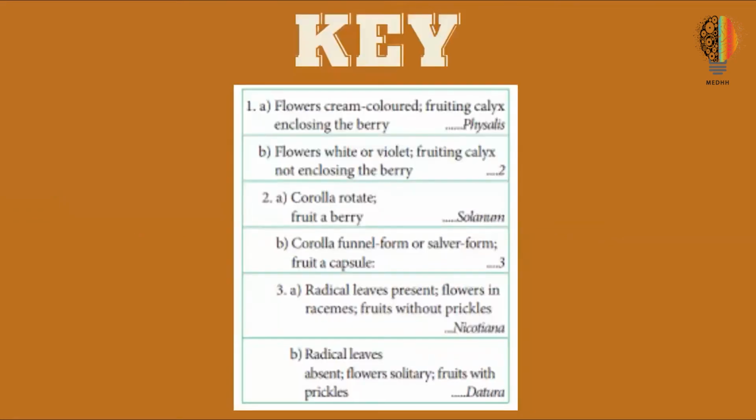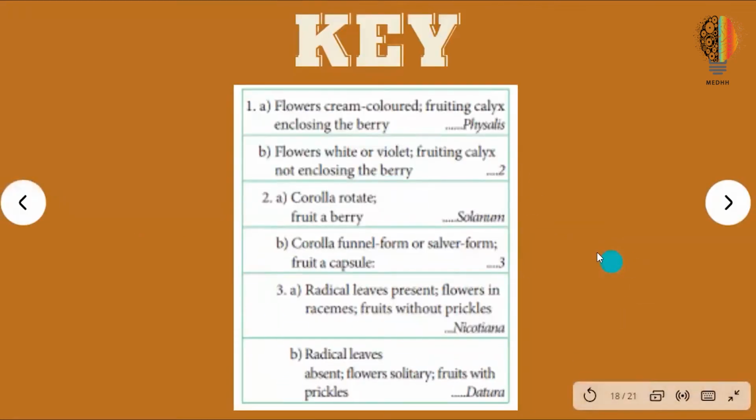A key. This is an example I have taken. Let's observe this key or couplets as we had discussed. In the first couplet, whether the flower is cream colored or not. If yes, the flower is Physalis. If I choose option 2, they ask to go and compare couplet number 2.